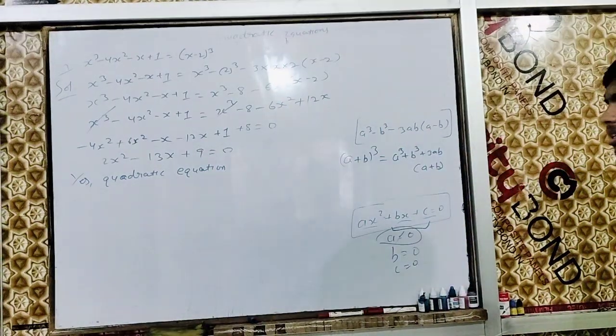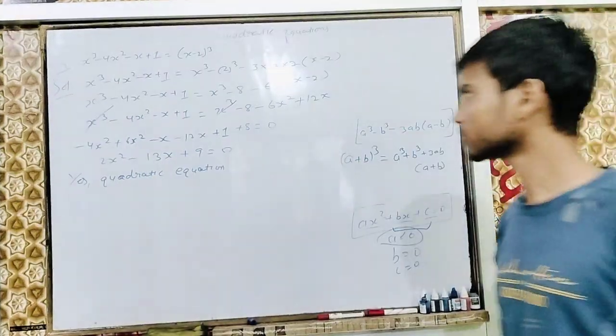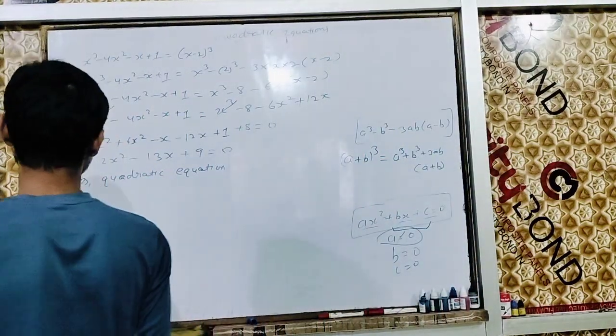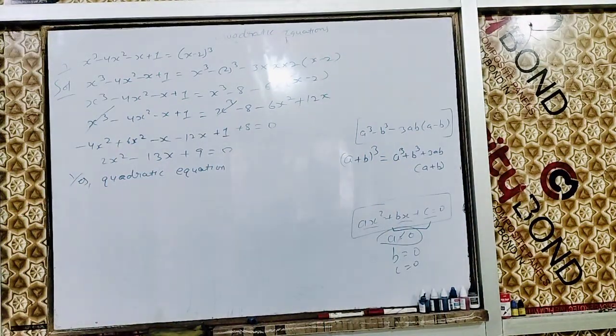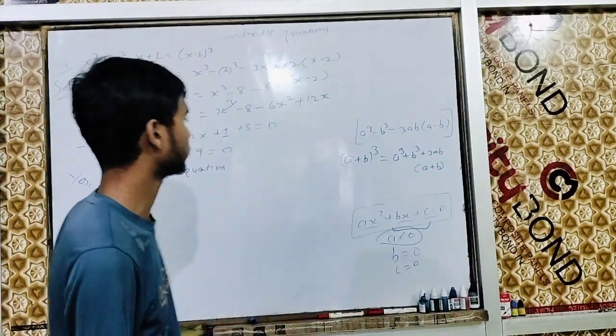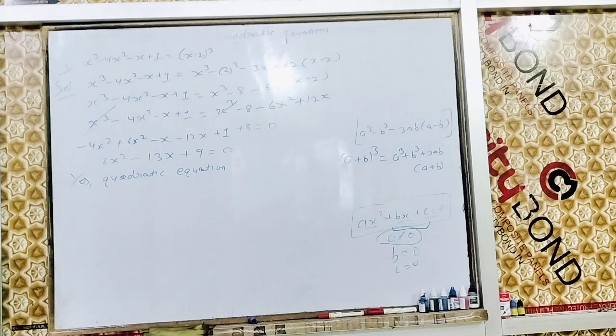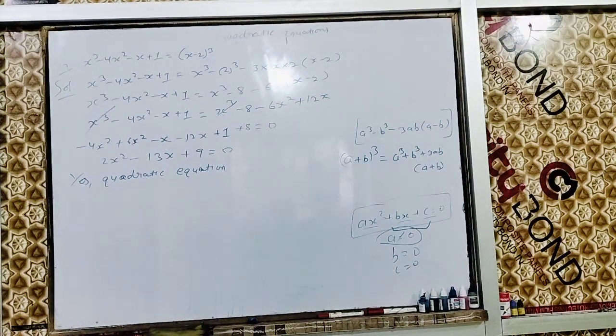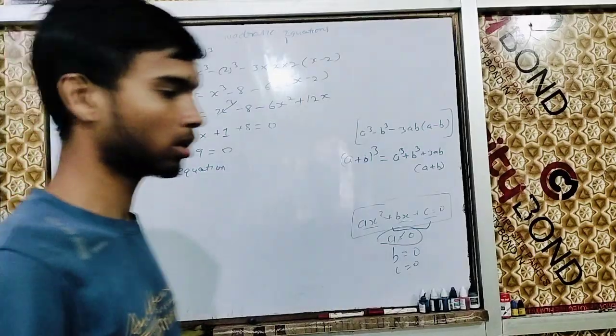And Kishan was asking, is a given equation quadratic or not? We can see if this is coming in this form, then it will be your quadratic equation, and it is a quadratic equation. This is the process, and that is how you will solve.